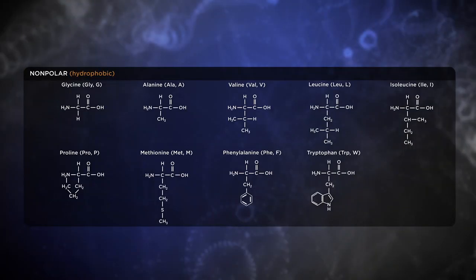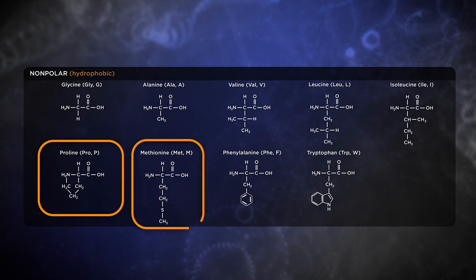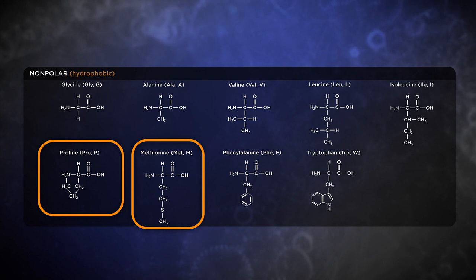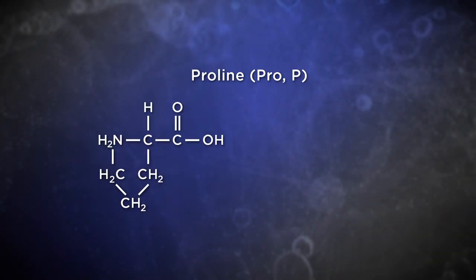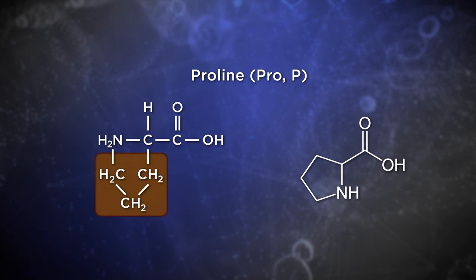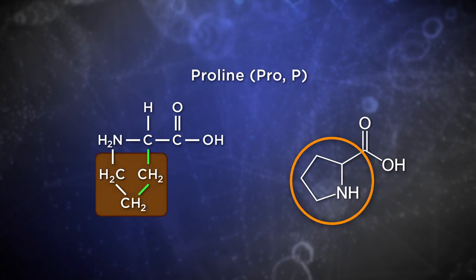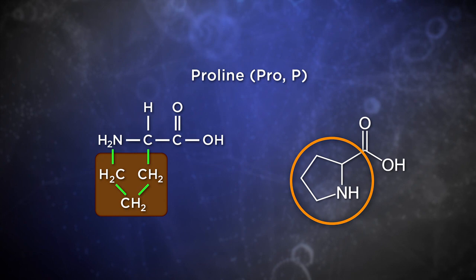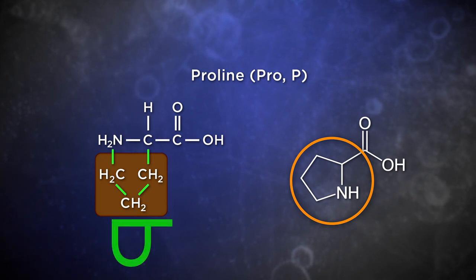Two other amino acids, proline and methionine, sometimes get grouped with the hydrophobic amino acids we've been discussing. Both are oddballs and share characteristics with the nonpolar amino acids. Proline has a formula almost like valine, but instead of making a V, its R group loops around from the alpha carbon to bond to the alpha amine group, almost like proline is trying to make a perverse letter P. The resulting ring structure is unique among the amino acids because it's the only one that connects directly to the alpha amino group.